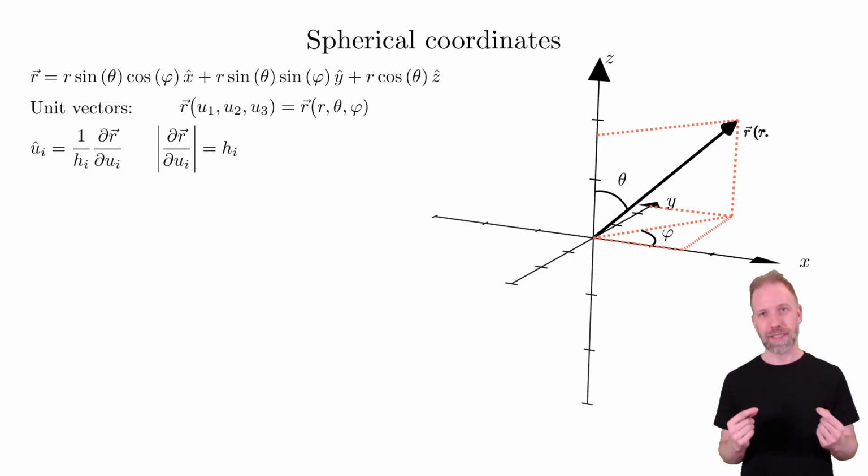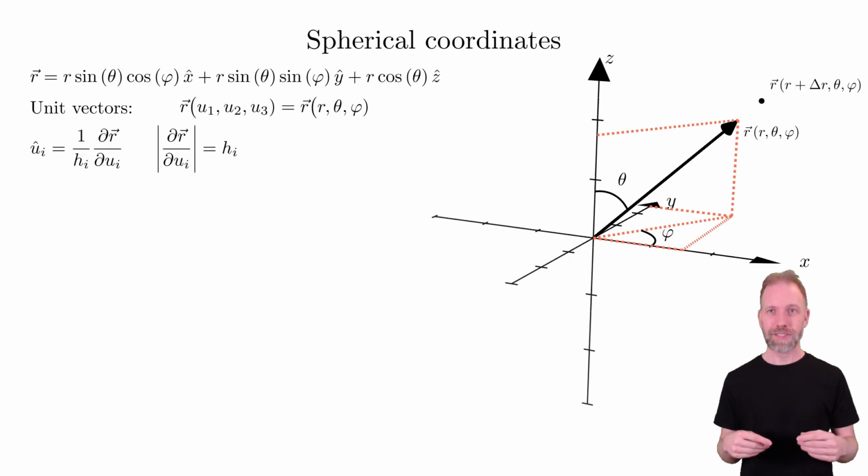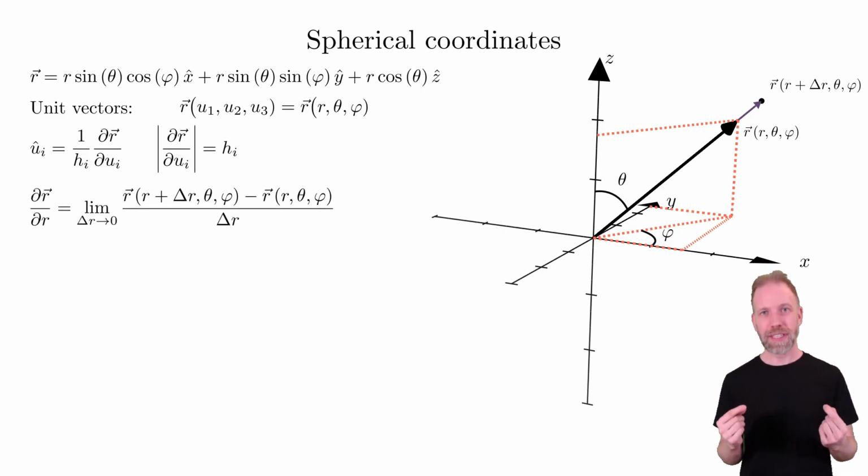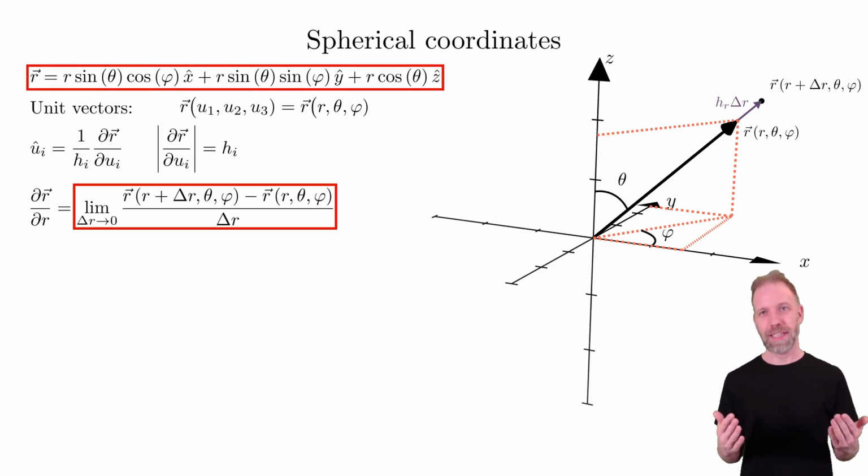For the first coordinate r, we start by taking a small step in this coordinate, which will give the direction. Next, set up the expression for the partial derivative, which we can see is the difference between this new point and the base point we started from. To calculate it though, we can simply differentiate the r vector in the traditional way.